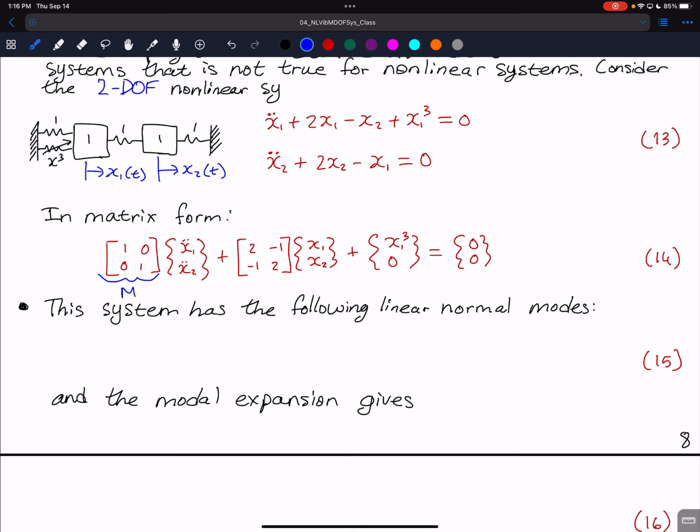That first matrix is our mass matrix. Second one is our stiffness matrix that we typically look at.